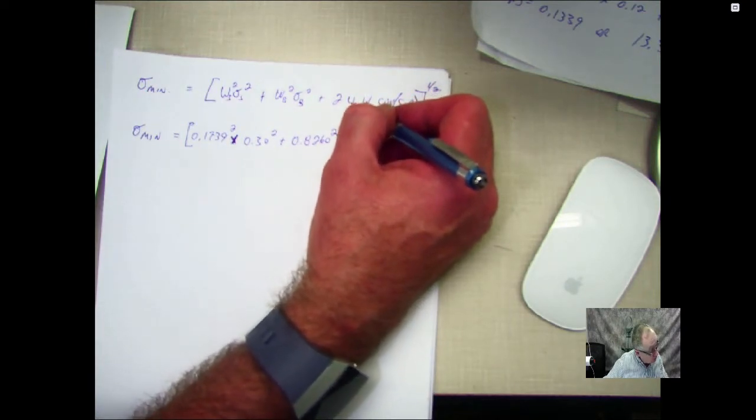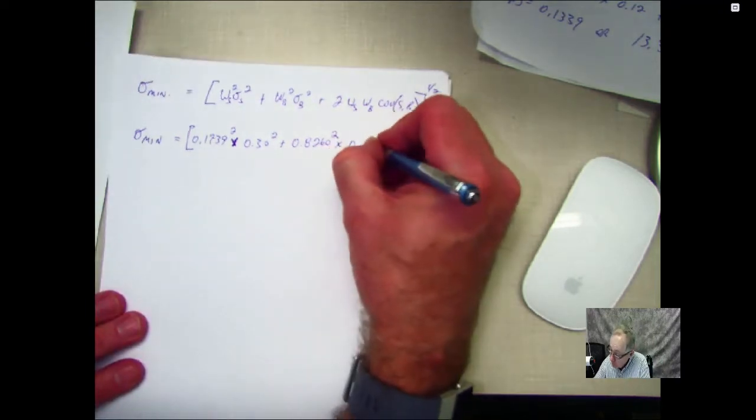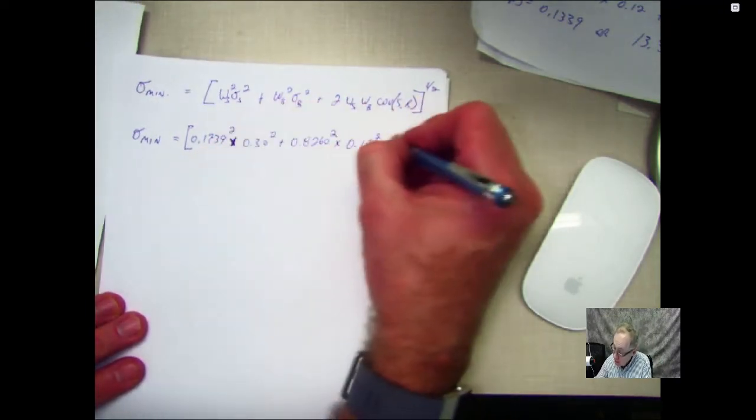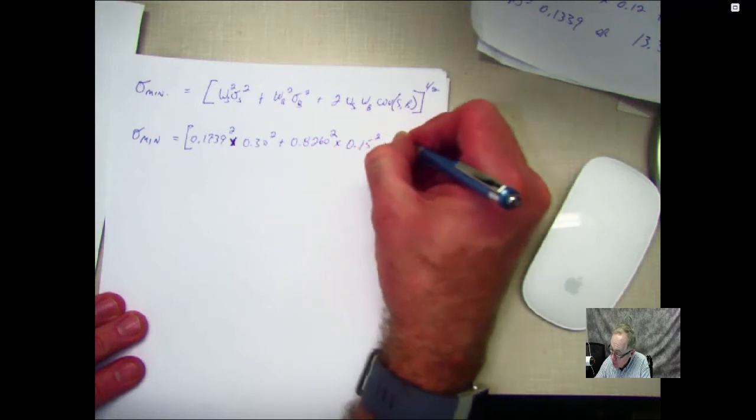The standard deviation on bonds is 0.15 squared, plus covariance, 2 times weight.